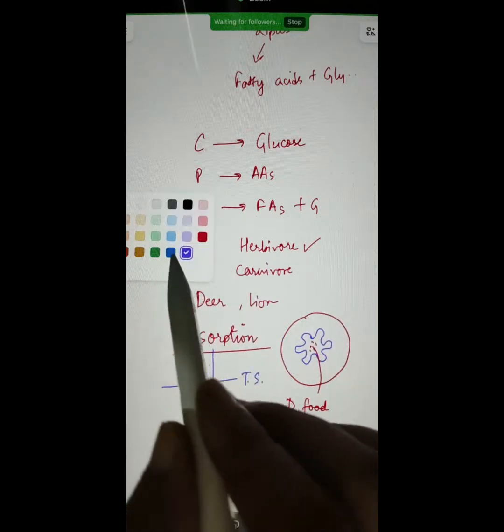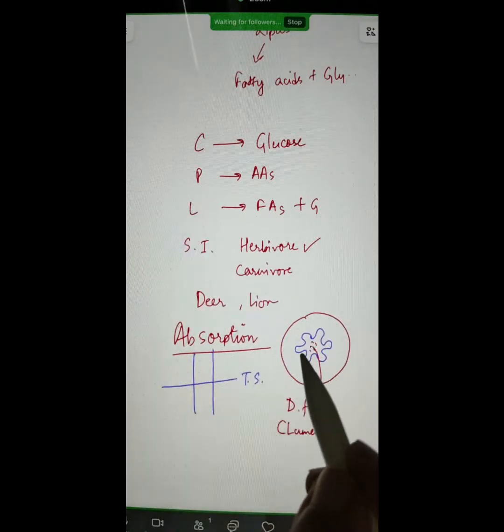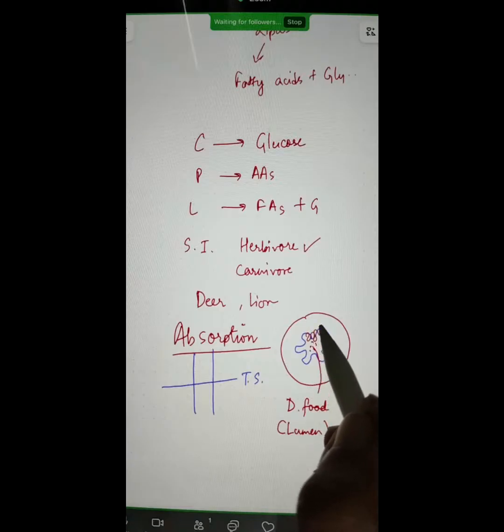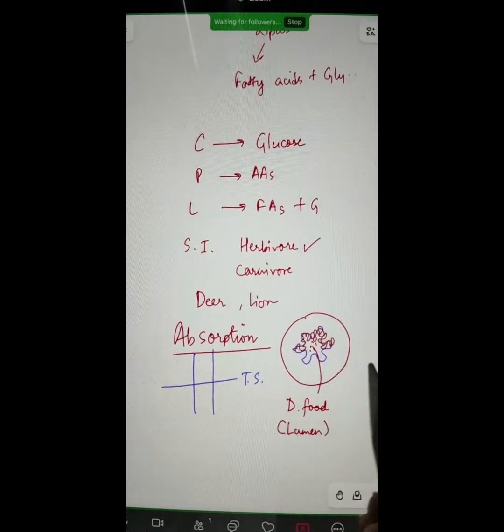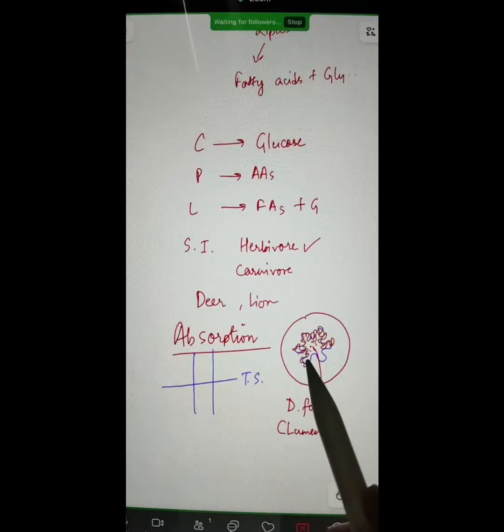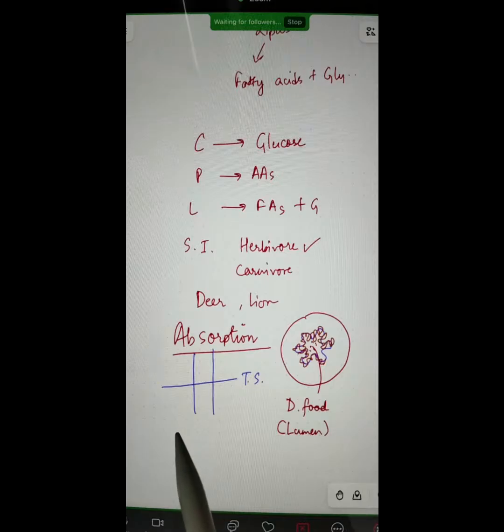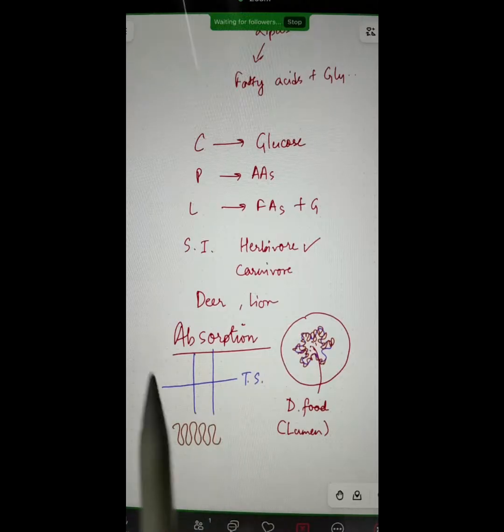And we have finger-shaped projections here. You have read about them in class ninth in the epithelial tissue, columnar epithelium, right? So columnar epithelium with villi lines the small intestine. These finger-like projections help in the absorption of food.